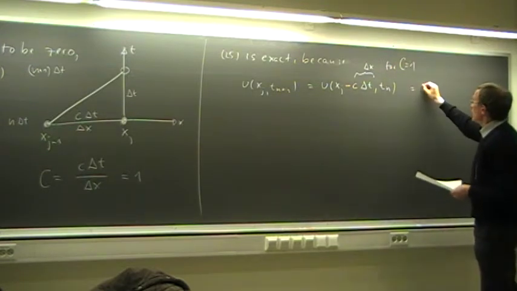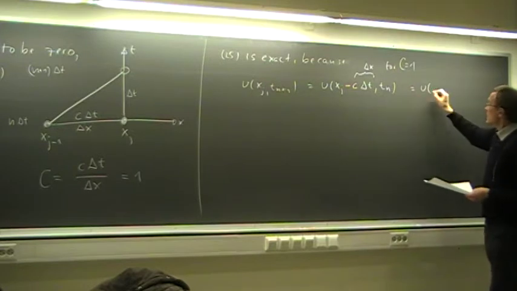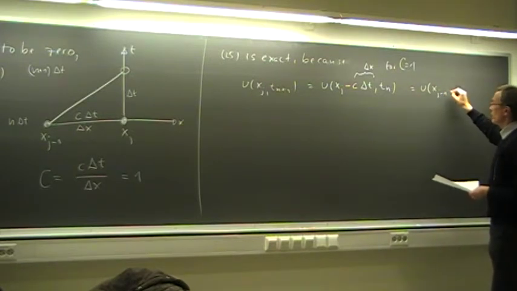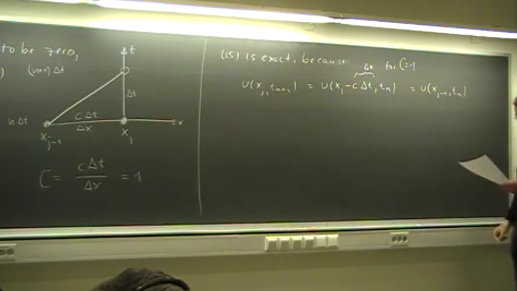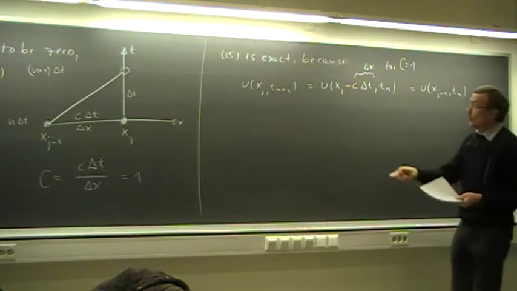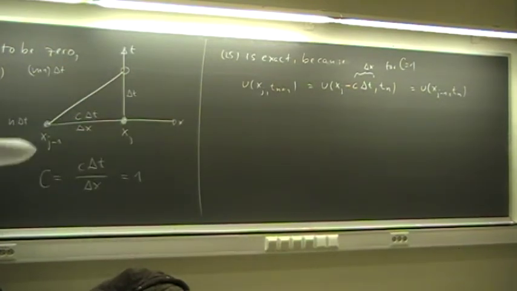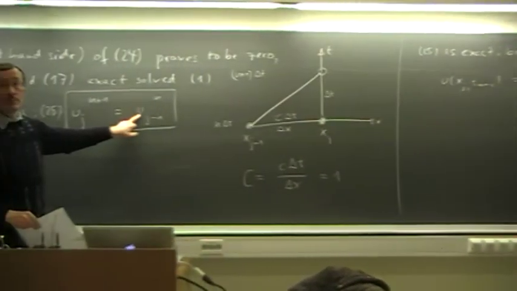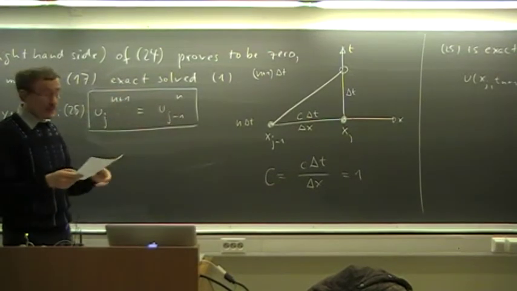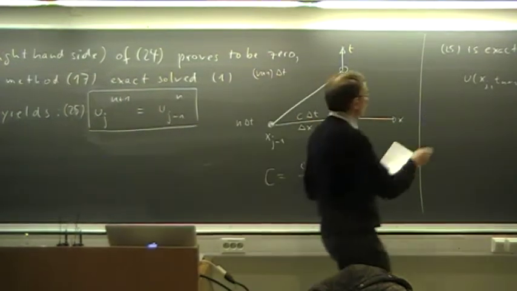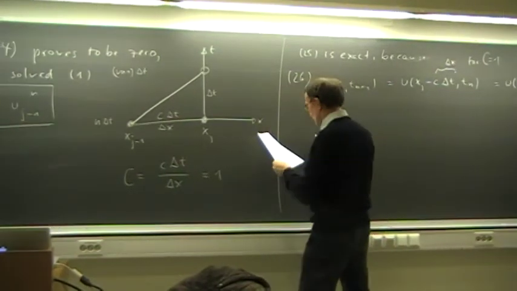And then we have here the solution at x_(j-1), t_n. And when we interpret that as the numerical solution, this is the numerical solution u_j^(n+1), the one on the right is this one. So then we do exactly the right thing. So this is number 26.